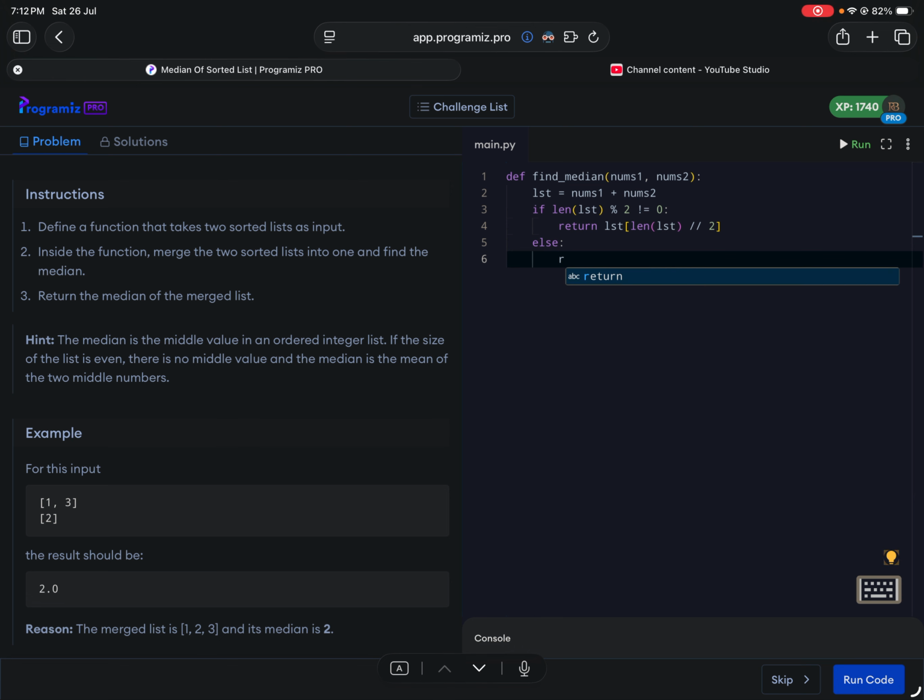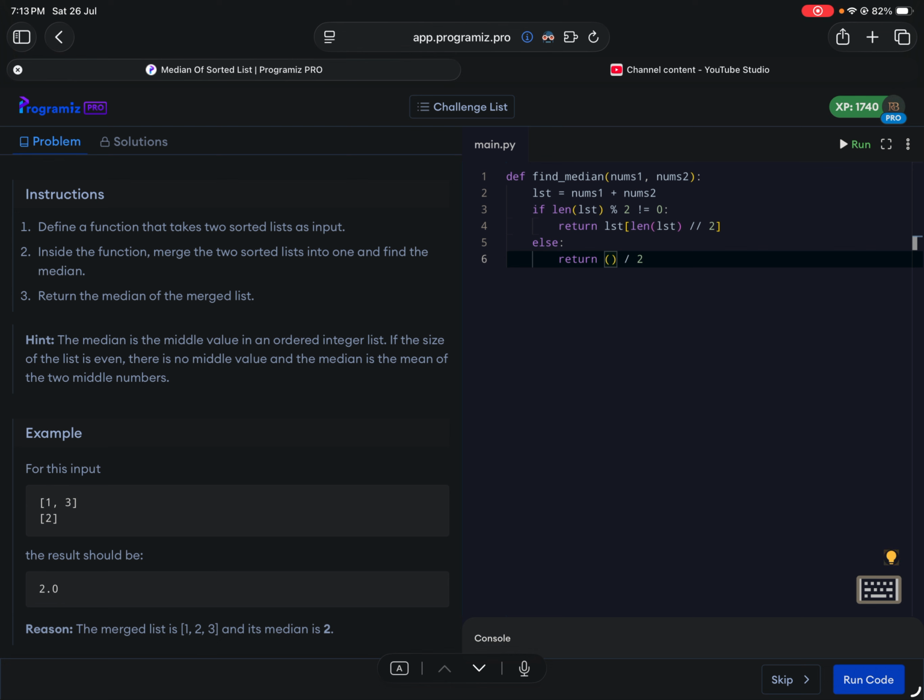Else we return, and then let's open this, divide by 2, right? In this situation we will require the length of it, so it will simply be the same thing, isn't it?